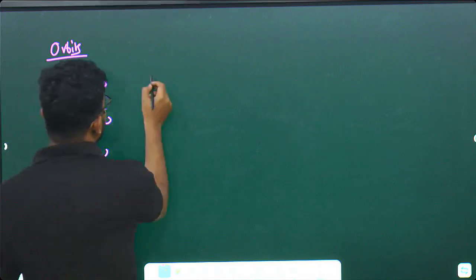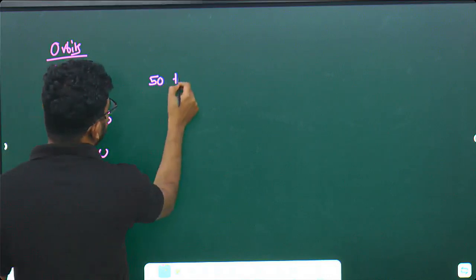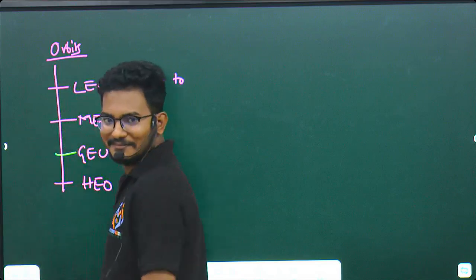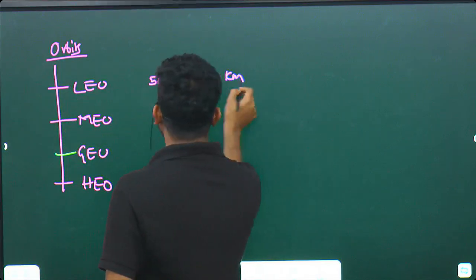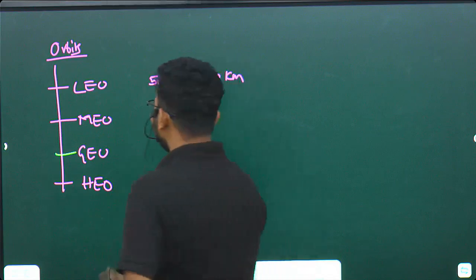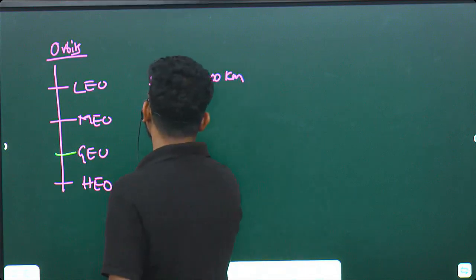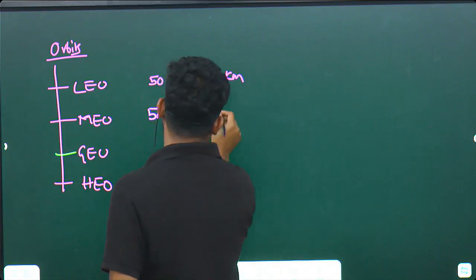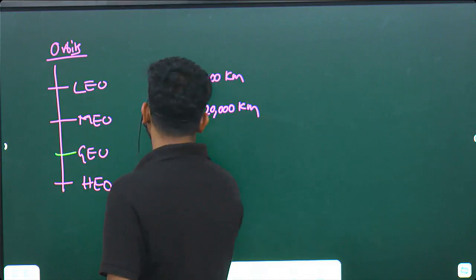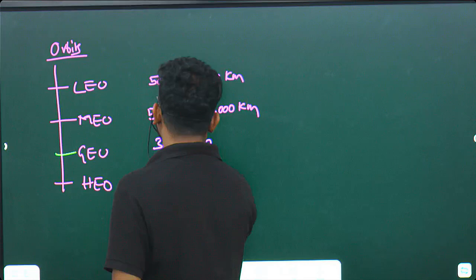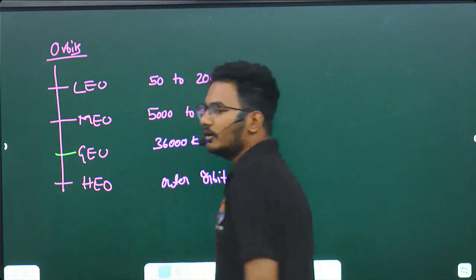LEO means 50 to 2000 kilometers, and MEO means, GEO means, HEO means outer orbit.